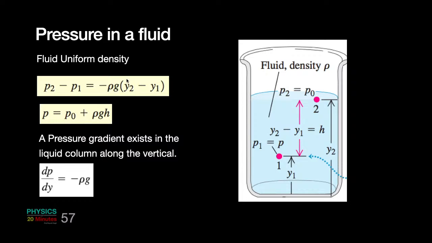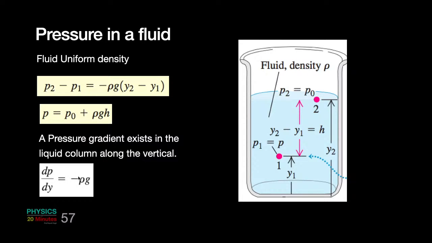So if I make my y interval infinitesimally small as dy, and the pressure interval also becomes infinitesimally small, then the pressure gradient, that is the rate of change of pressure with respect to height, dp by dy, is equal to minus rho g.